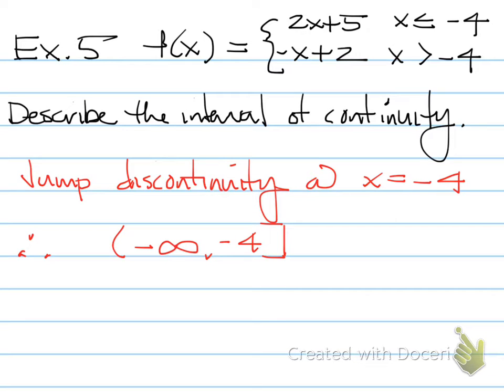And we use a square bracket at -4 because the function is defined in that top function, 2x plus 5. It is defined at that function whenever x equals -4. And then it's also continuous from -4 to positive infinity.